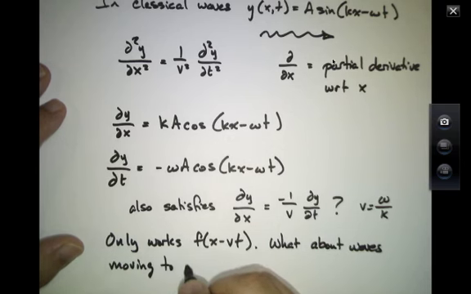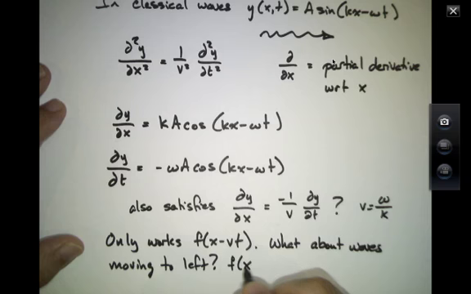But if you wanted to describe a traveling wave moving to the left, this would be described by a general function f of x plus vt.